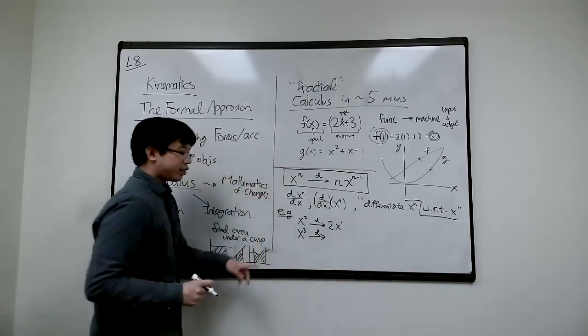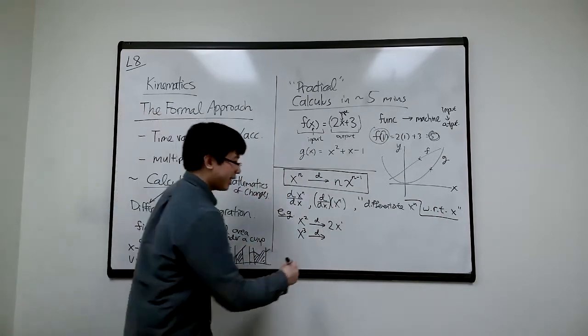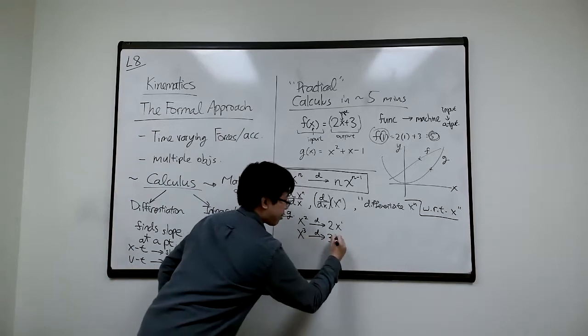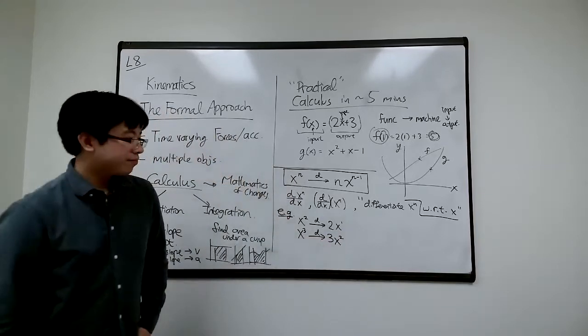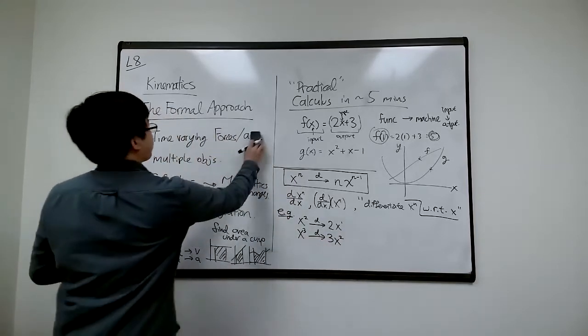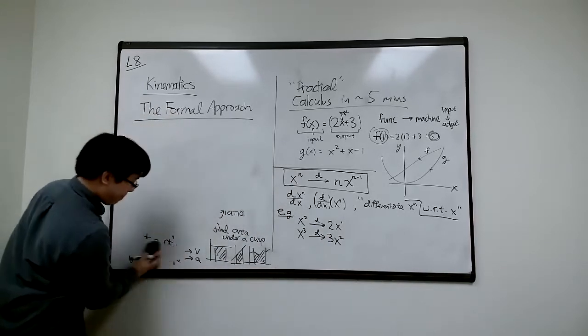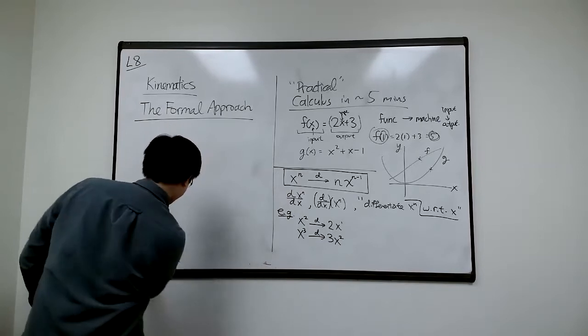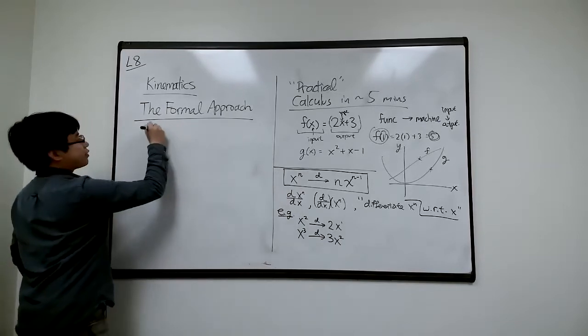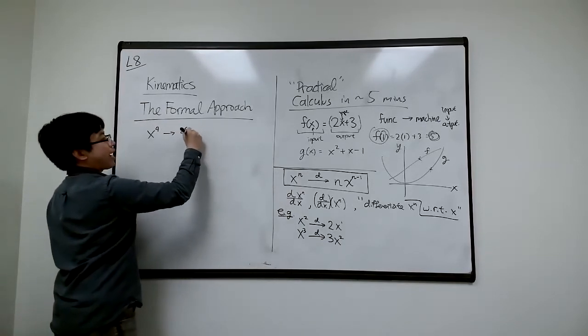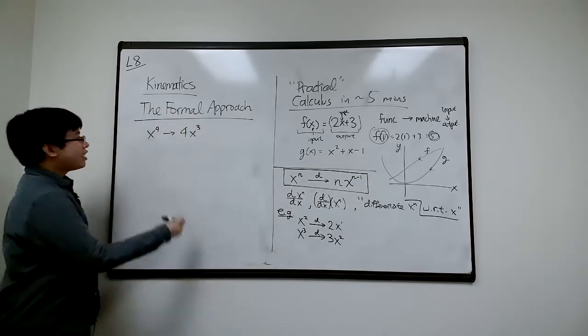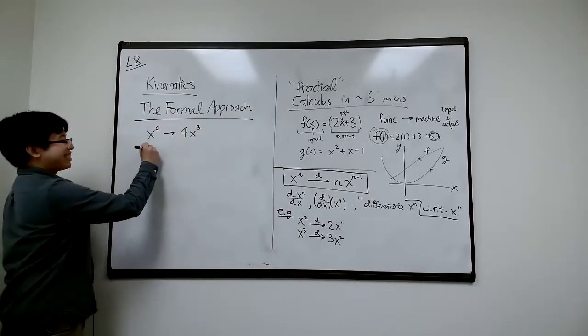Differentiating x^3 with respect to x is 3, you drag down the 3, x squared, okay? Let's keep going. What's x^4? Can you tell me? Right, so x^4, you differentiate it, so it's 4x^3. Okay, that's calculus. You're done, right?